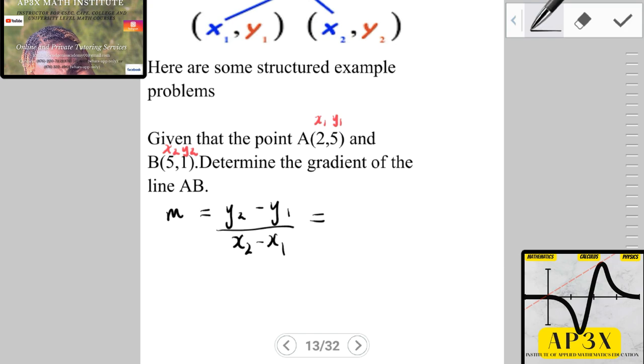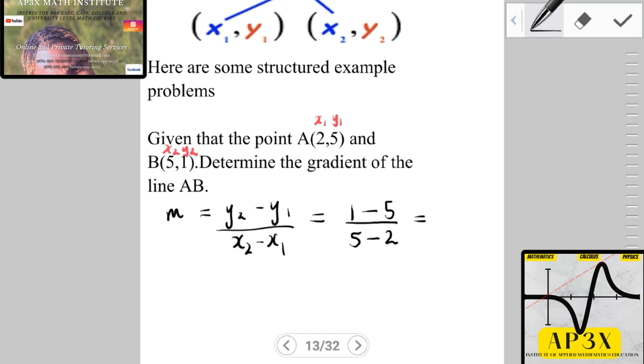All right, so we're just going to carefully plot our points, substituting our ordinate values into our equation. So here we have y2, which we can see here is 1, take away y1 here, which is 5, and divided by the x2 value, which is 5, take away the x1 value, which is 2.